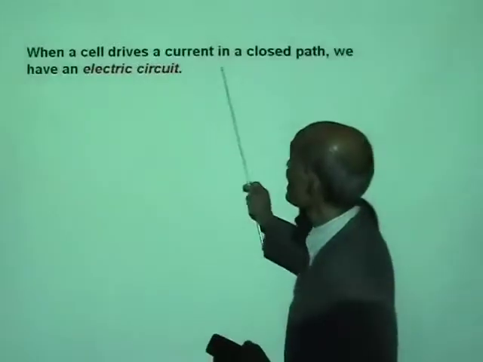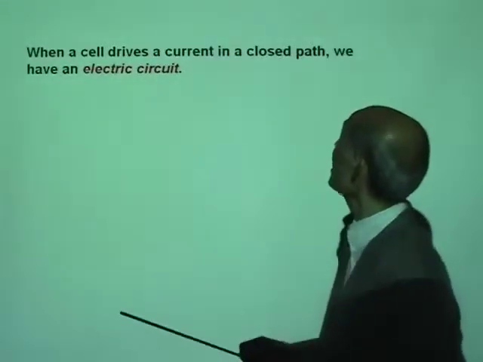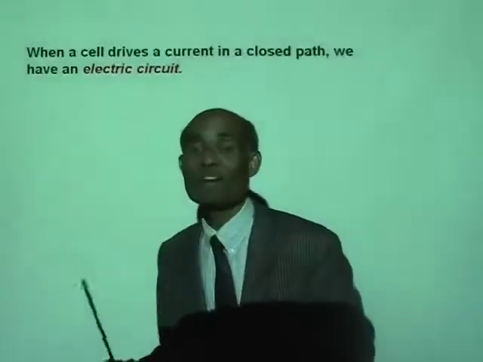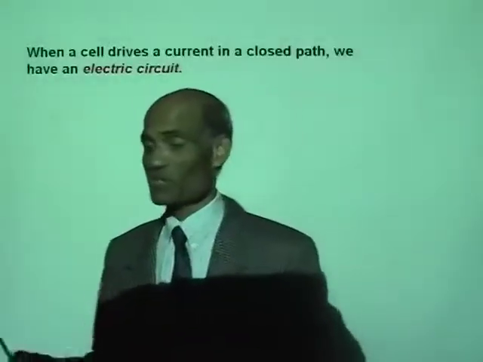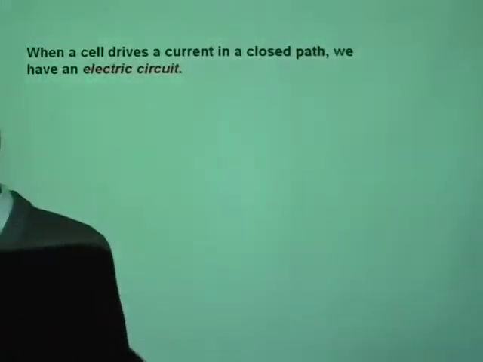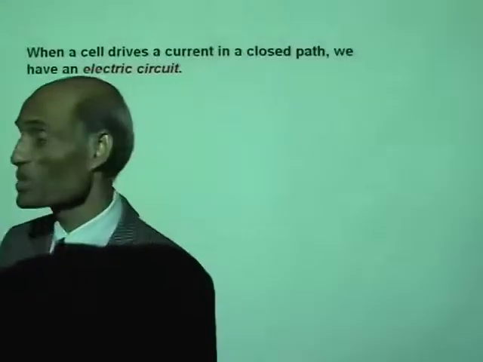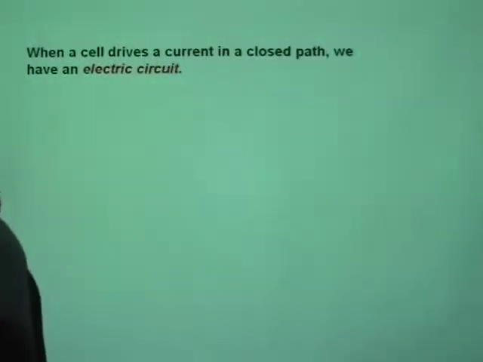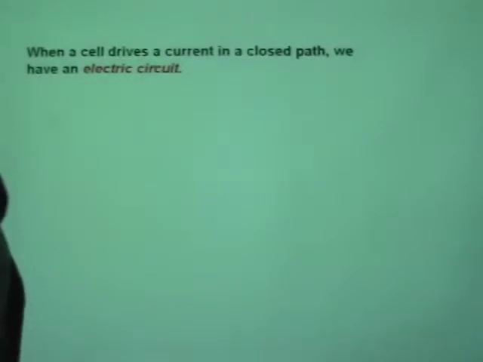Now, when a cell drives a current in a closed path, we have an electric circuit. So what I just showed you is actually an electric circuit. So when you have a cell driving a current in an external circuit, you have an electric circuit.